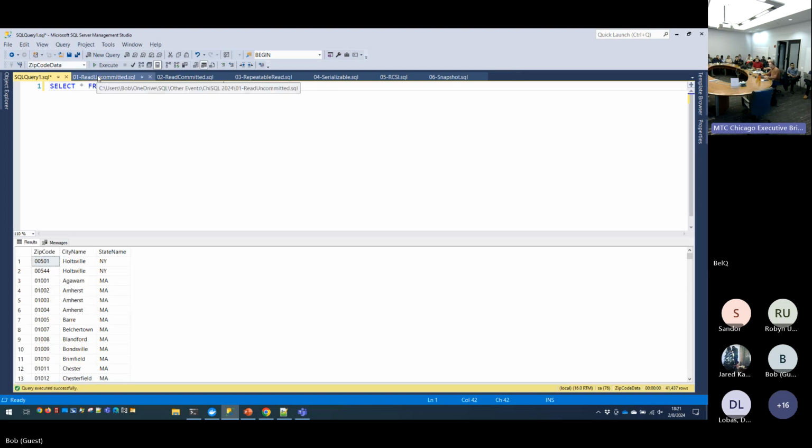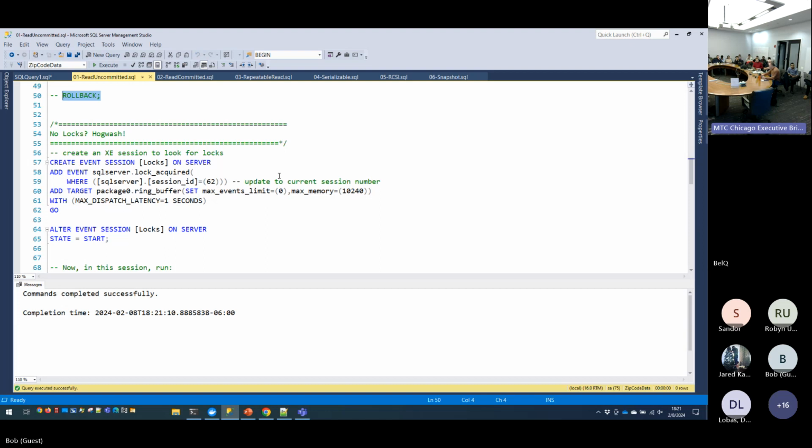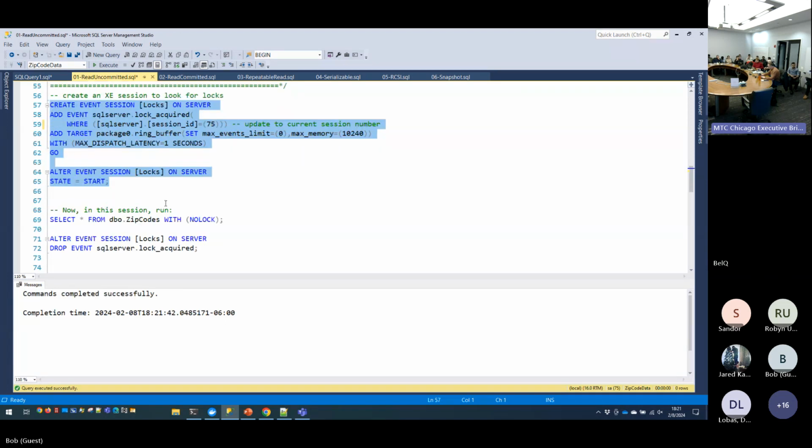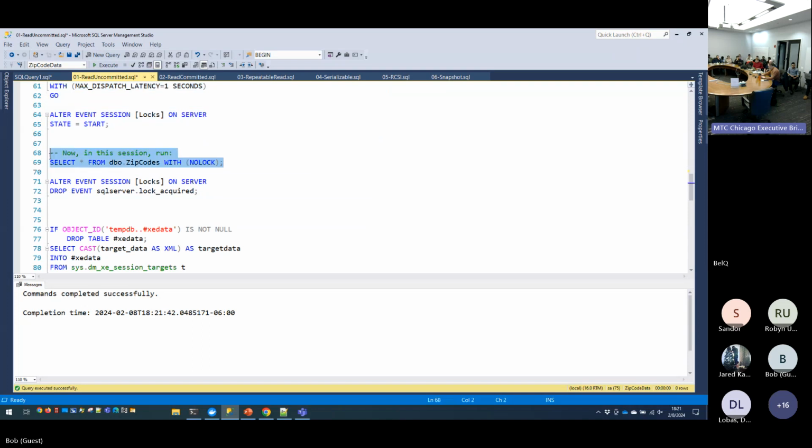If we want to see what kind of locks are actually taken, I'm going to spin up an extended event session here that is just going to monitor the sqlserver.lock_acquired event. So every time a lock gets acquired, it's going to log it into a ring buffer, and we'll be able to see what locks are actually taken. So I'm going to create this session, start it up, and now I'm just going to run select star from zip codes with no lock.